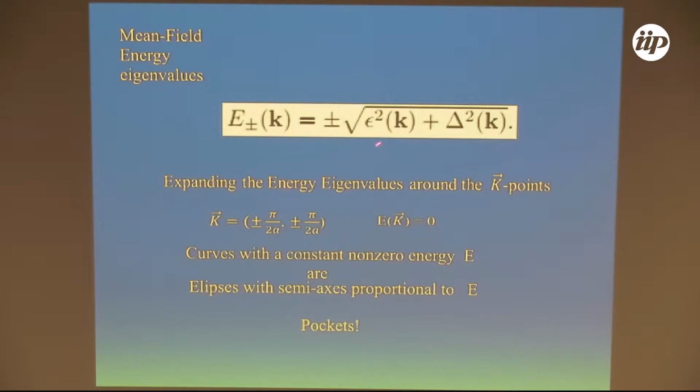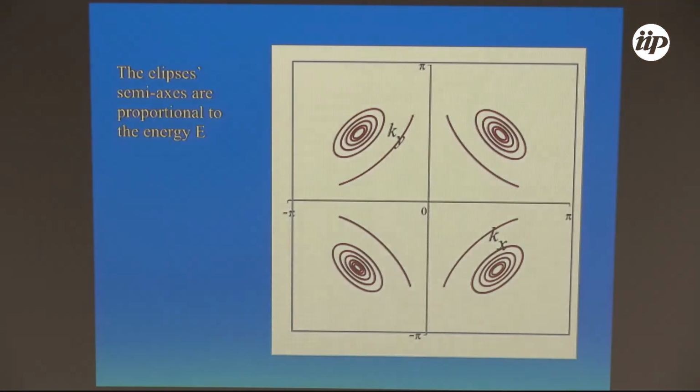And these eigenvalues vanish at these 4 points of the first Brillouin zone. If we expand these eigenvalues around these 4 points, we obtain that the curves of constant energy are ellipses with semi-axes proportional to the energy. So this is the shape of this.